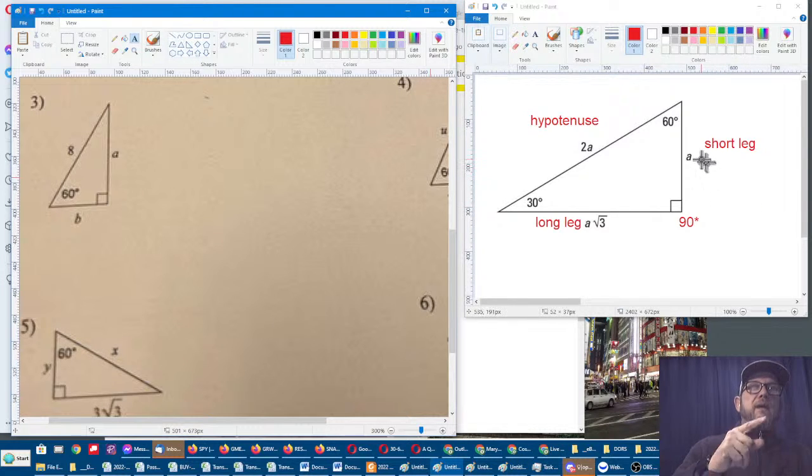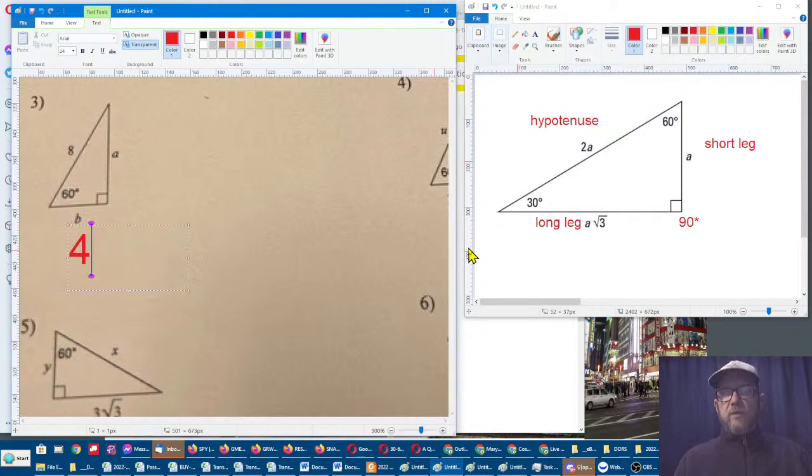You multiply A times 2 because the hypotenuse is double your short leg. Therefore, to rewrite it, you divide by 2. What is 8 divided by 2? It equals 4. So that's your A, the short leg. So that becomes 4.